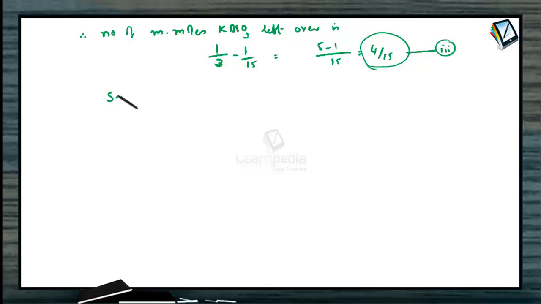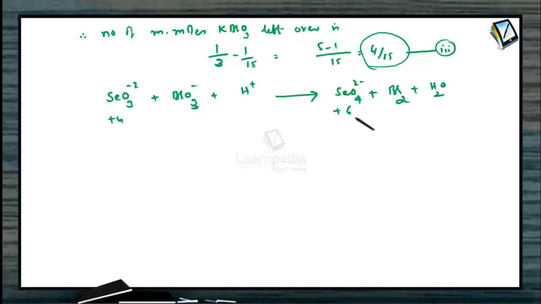How does selenite SeO3 2 minus react with BrO3 minus in acidic medium to give selenate SeO4 2 minus plus bromine plus water? Now what is the balanced form of this reaction? In selenium we have plus 4 and here it is plus 6, so the increase is 2.